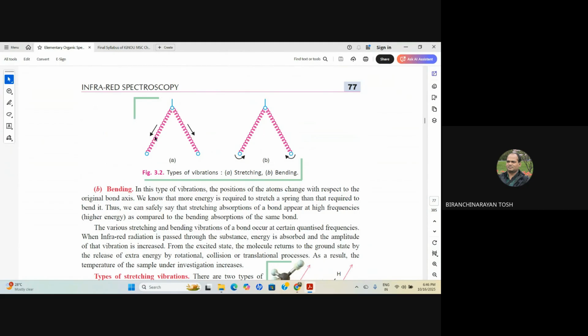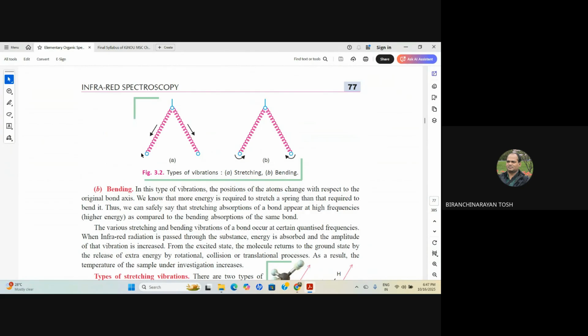The vibrational degrees of freedom: it may stretch, it may bend, but if you consider stretching, it is one stretching only. And the rotational degrees of freedom: let this axis be the Z axis, which is the internuclear axis. Rotation can take place about the X axis and Y axis, not about the Z axis.